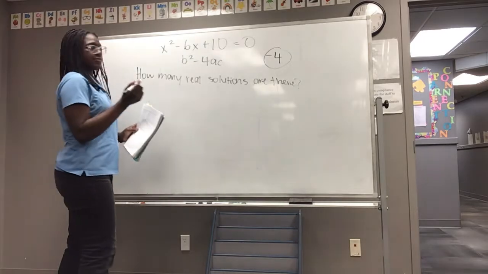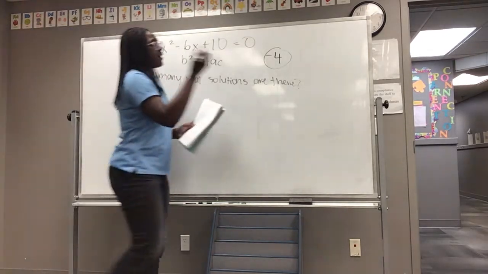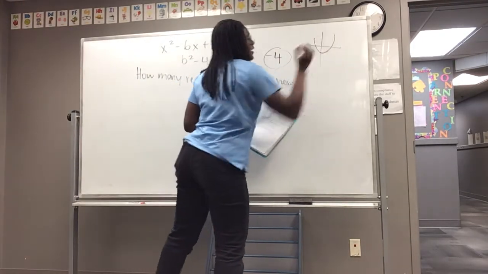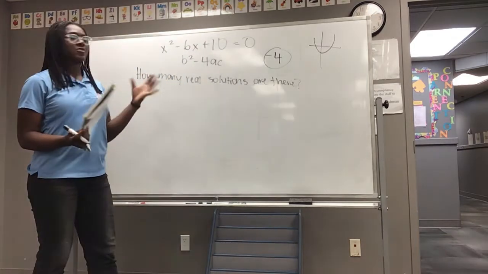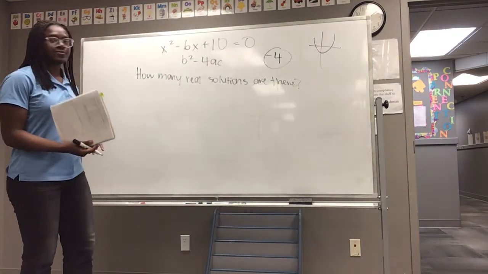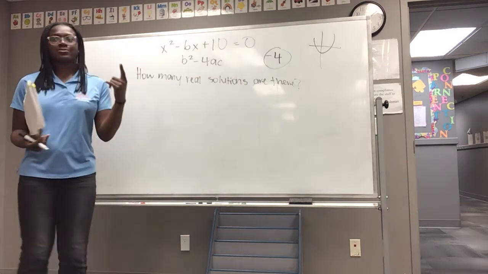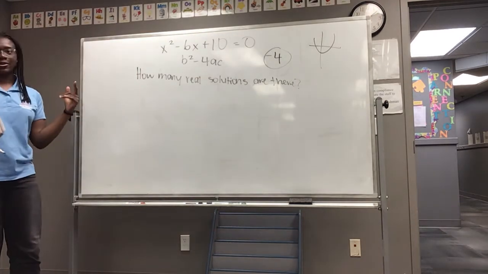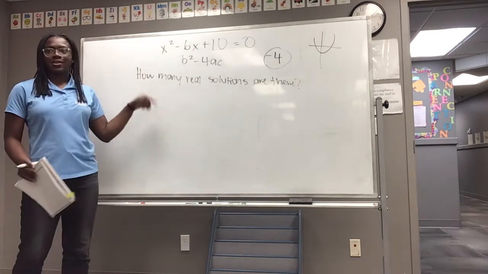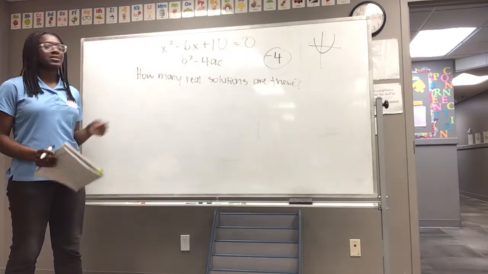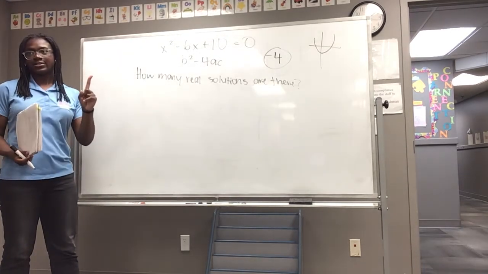What's a real solution? A real solution is when the graph crosses the x-axis twice, where we would have two answers. The other one, where the discriminant was equal to 0, is when it just touches the x-axis, crossing it once, so there's just one answer.